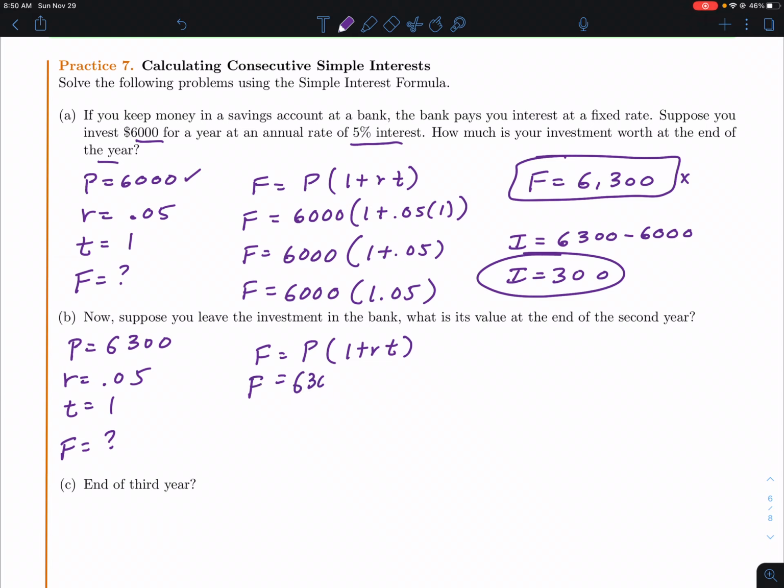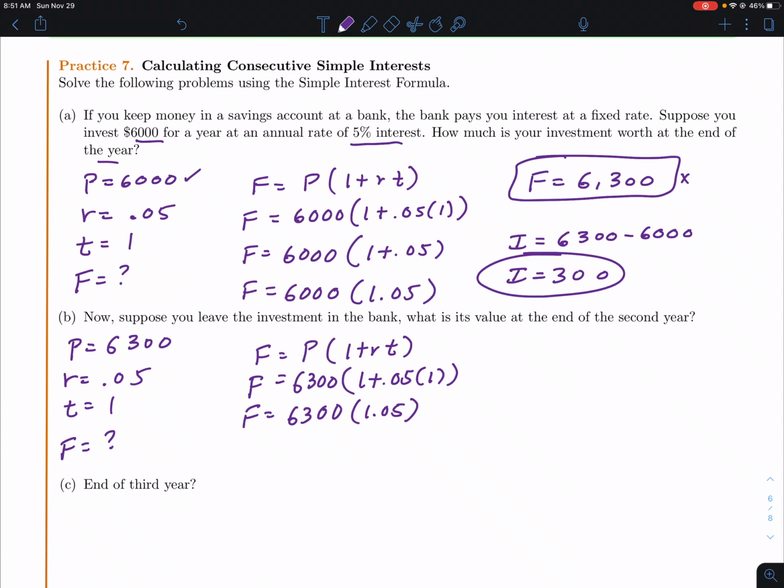In this case, we're going to do 6,300 times (1 plus 0.05 times 1). Same thing, I'm just going to get 1.05 on the inside. So again, throw this in the calculator.